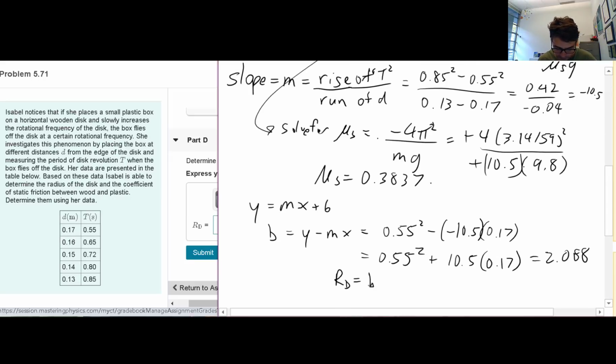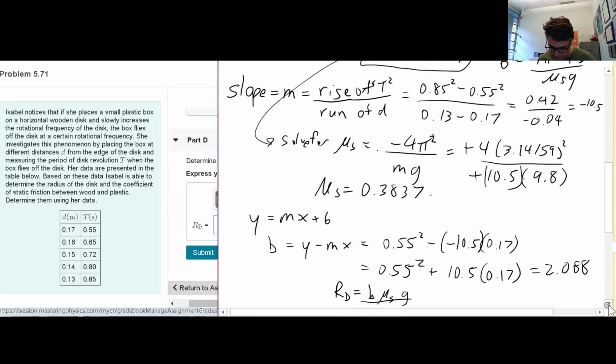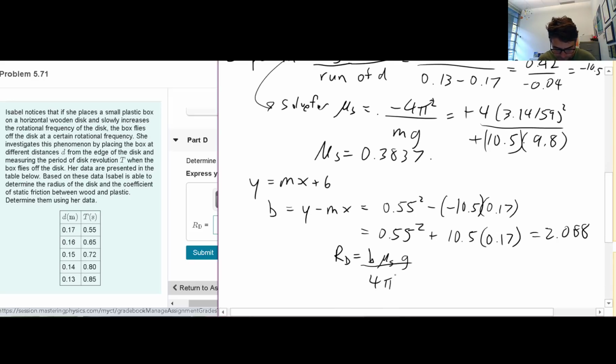So it's going to be b times mu sub s times g divided by 4 pi squared. So hang in there, folks. We are almost done this problem. So it's going to be 2.088 times the mu sub s, we found that before, 0.3837 times 9.8, all divided by 4 times pi squared.